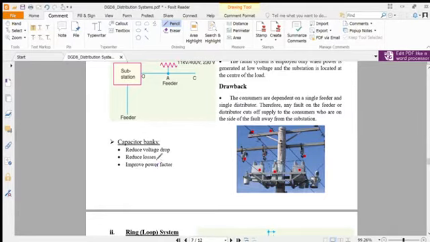So that's the advantage of using a three-phase capacitor bank at each phase.